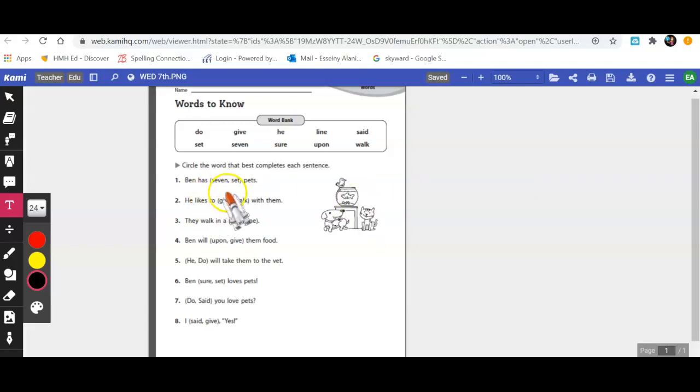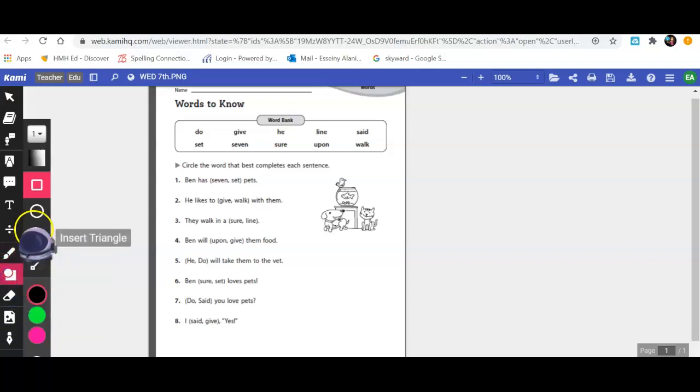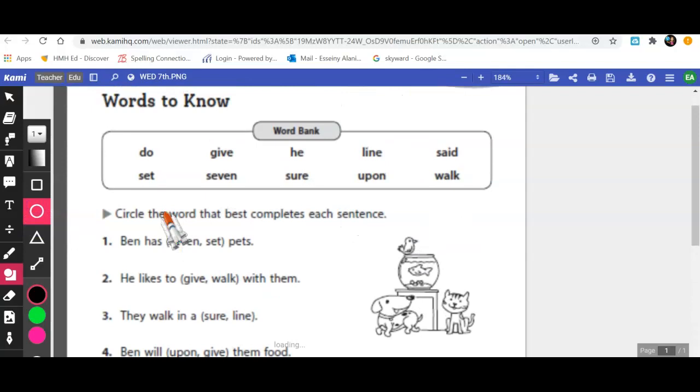Ben has 7 pets. So let's see, what are we doing? Circle the word that best completes each sentence. Ben has 7 pets. 7 makes the most sense.